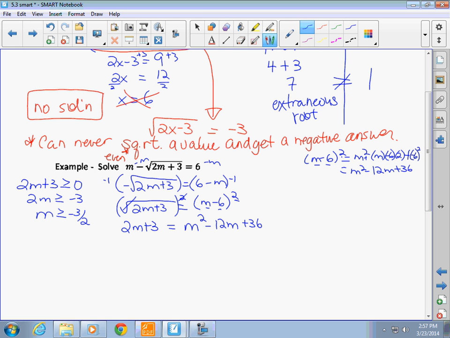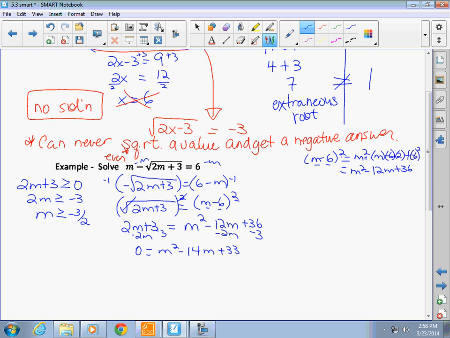So now I need to solve. To solve for m, I have to bring everything over to one side and find my answer. If I subtract 2m and I subtract 3, I'm left with 0 is equal to m squared minus 14m plus 33.